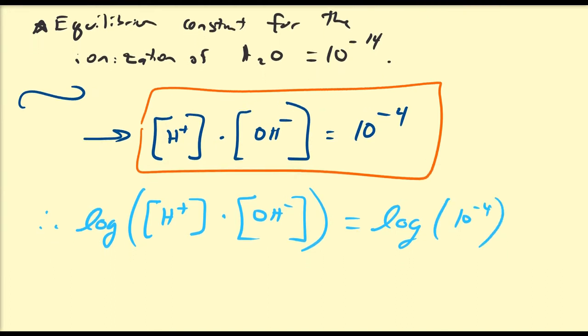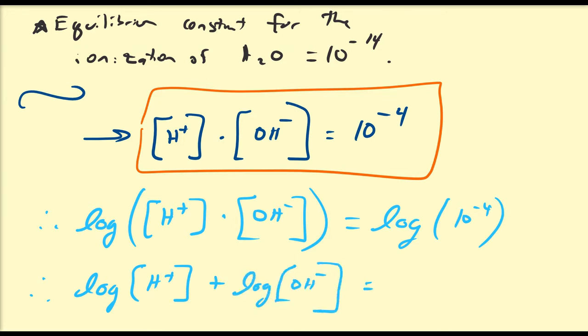On the left-hand side, using our properties of logarithms, this is going to be equal to the log of the hydronium concentration plus the logarithm of our hydroxide concentration. And that's going to be equal to minus 14.